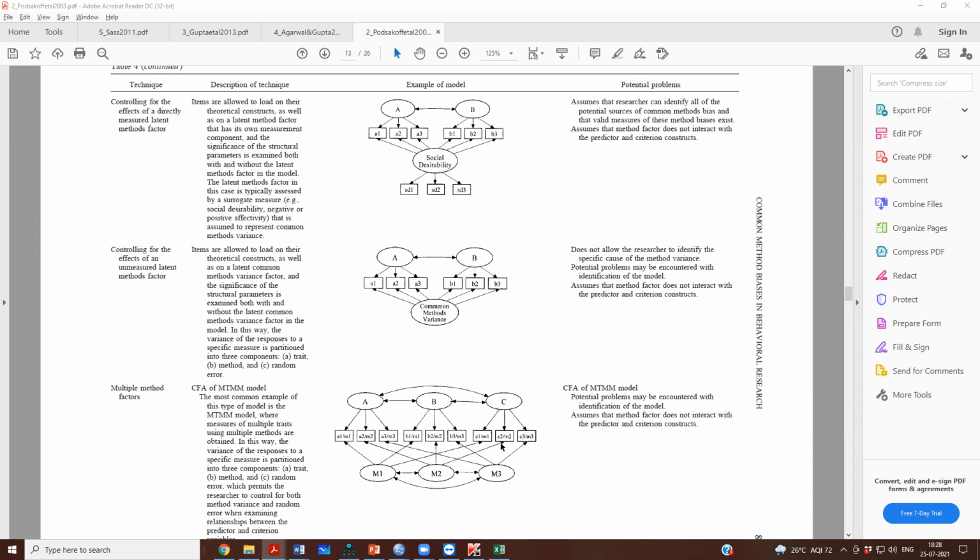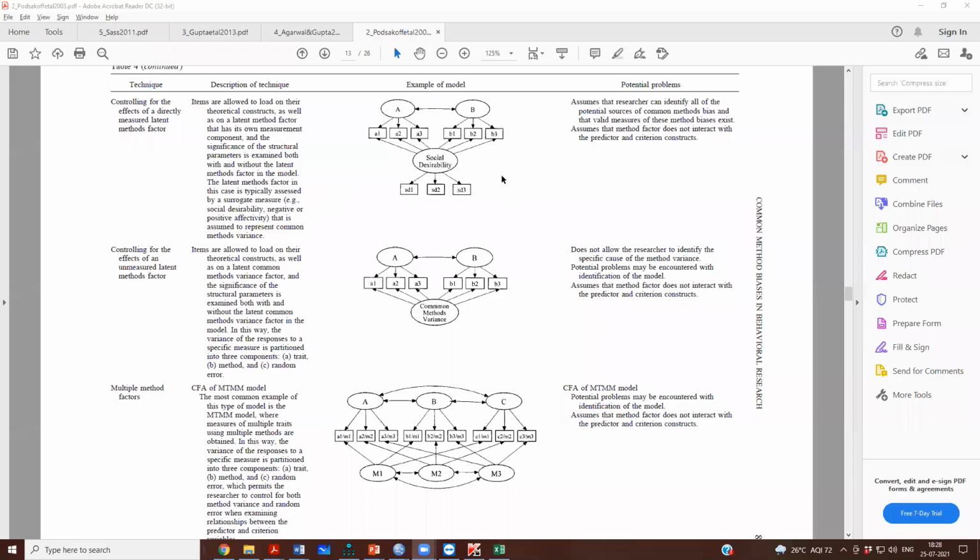Yes, Akash. I have one question. Go ahead, Raman. Sir, if a path is insignificant after doing the common method bias, then what are we going to do about it? Will we leave that in the model? No, you will have to report that your path becomes non-significant after you bring in this common method factor.